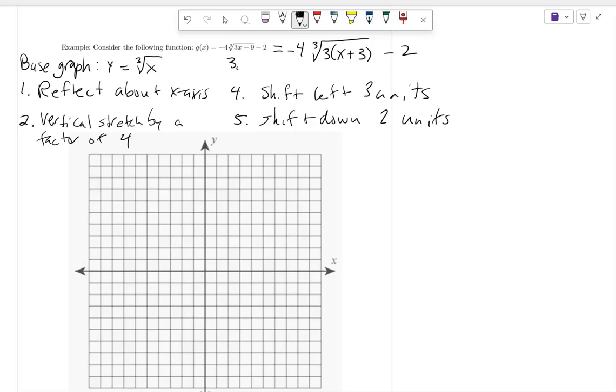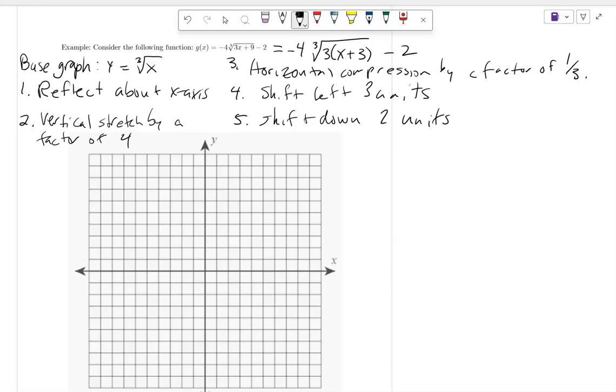So this is going to be a horizontal compression by a factor of the reciprocal, so 1/3. It's going to be smashed in. It does the opposite of what you would expect. Okay?